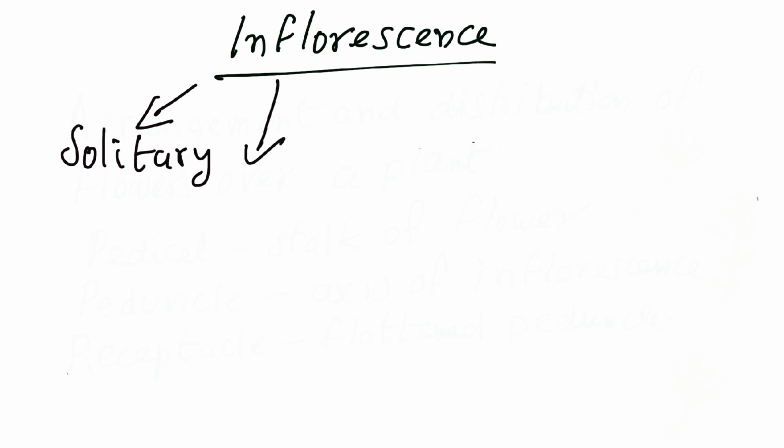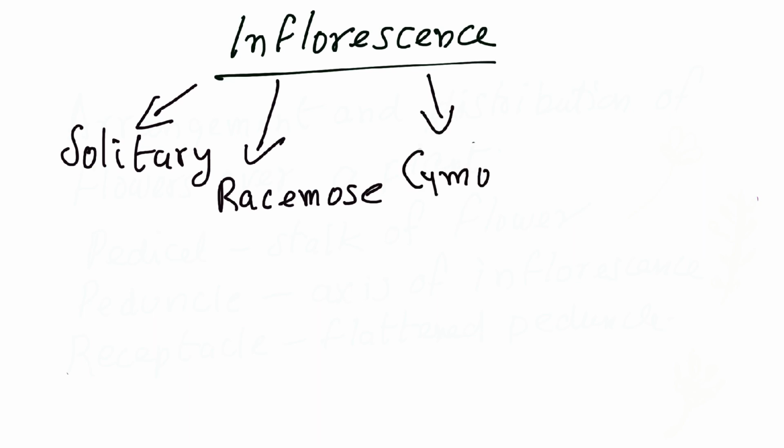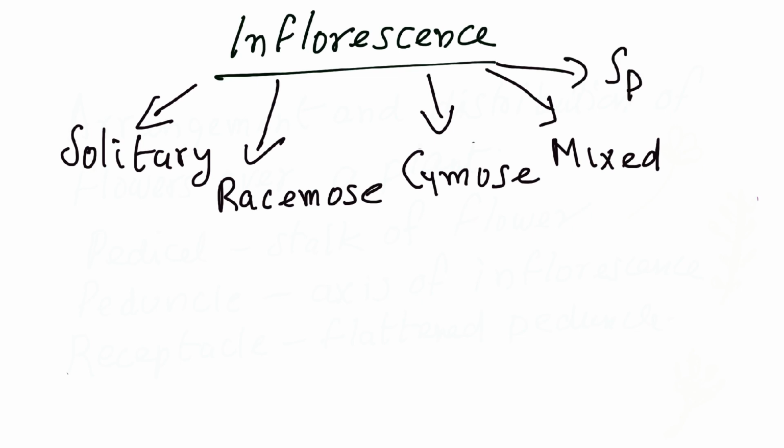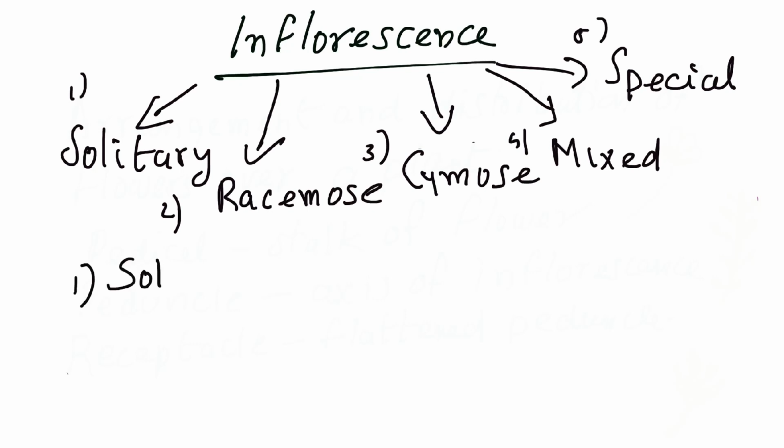Now one point to note is that solitary means a single flower on a single stalk or pedicel; it doesn't mean we are dealing with only a single flower on the plant. The other important inflorescences are racemose, cymose, mixed, and a special category called special types of inflorescence. So basically these five divisions are the most important divisions in inflorescence.